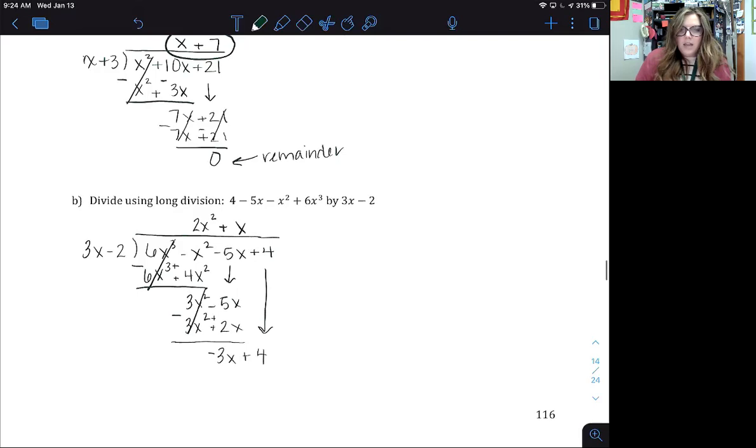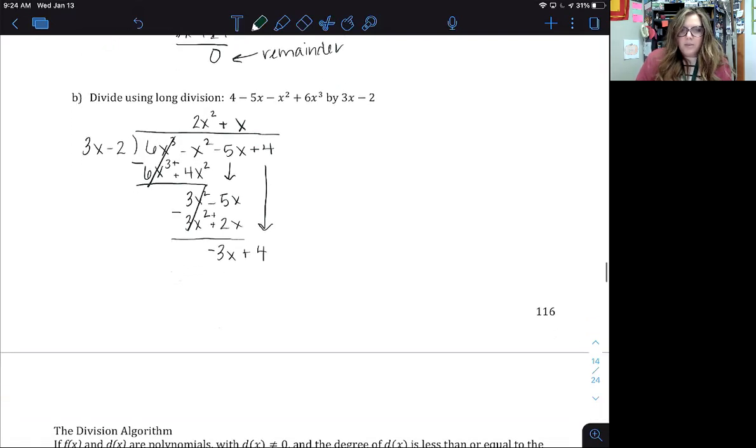And then -3x divided by 3x is -1. And then multiply. -1 times 3x is -3x. -1 times -2 is a positive 2. And subtract. So -3x minus -3x cancels, and 4 minus 2 is 2.